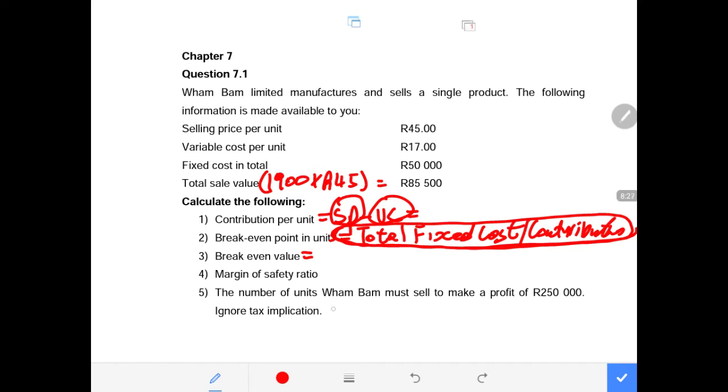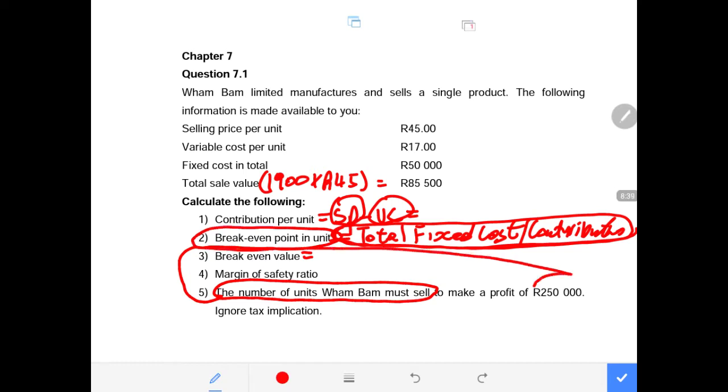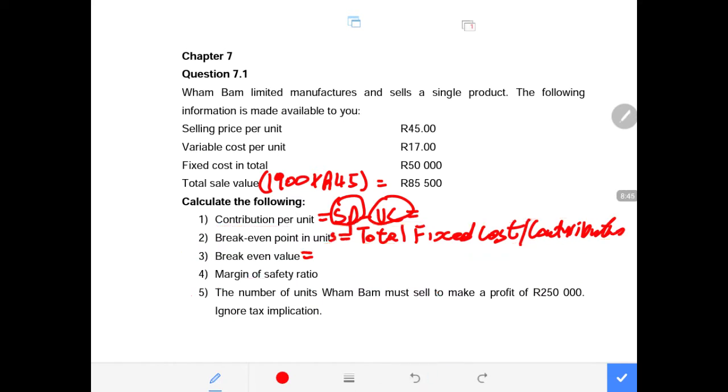Now, remember this is the number of units that must be sold. So this is not far away from calculating break-even point, but in this case, the break-even point has a required return or a required profit. That is the only difference. Now, in this case, what is the formula then?